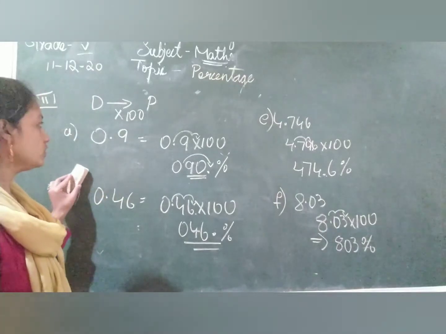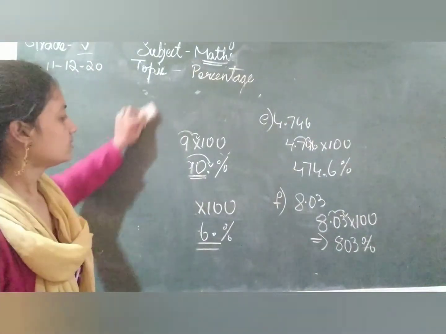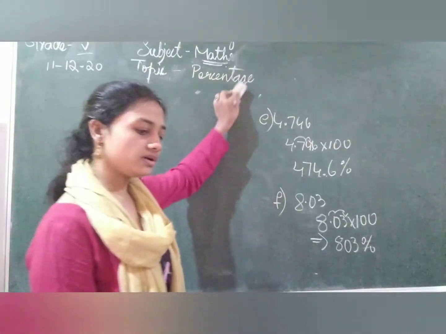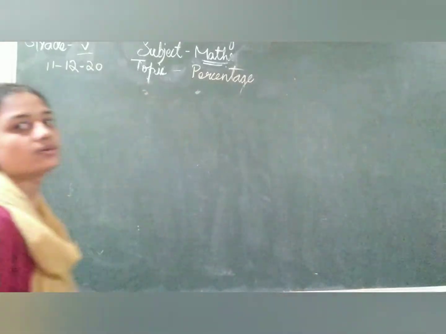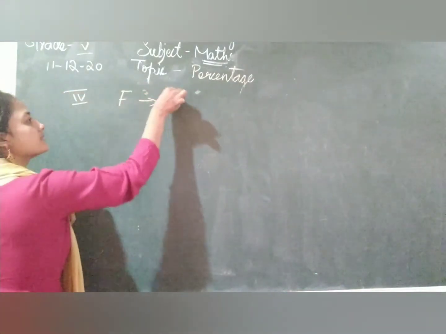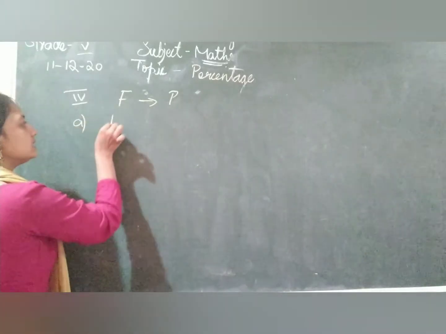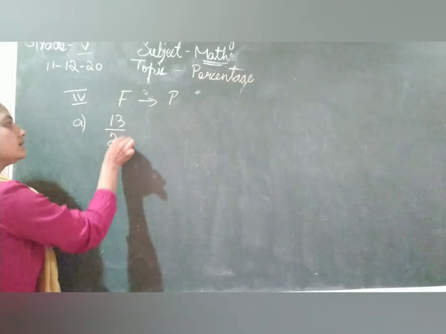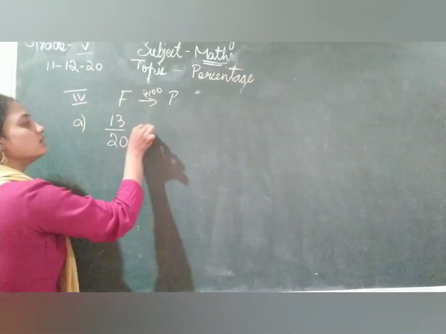Now I will be showing you the fourth mean. In the fourth mean, you have to convert the given fraction to percentage. So in the fourth mean, you are converting fractions to percentage. So first one, 13 by 20. What you should do? You should multiply with 100.